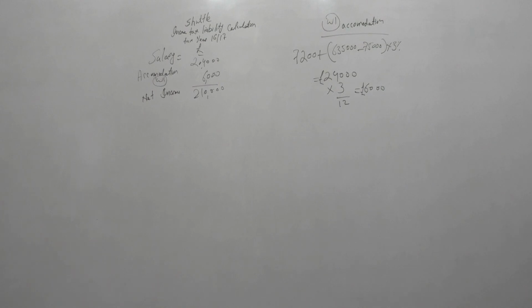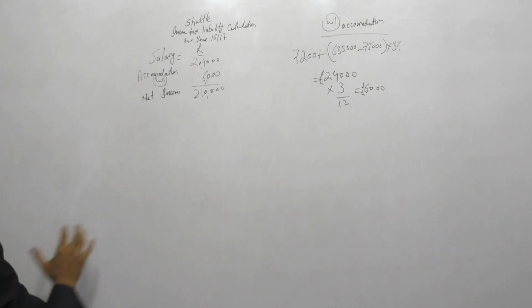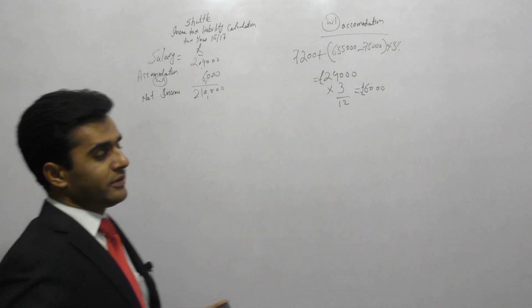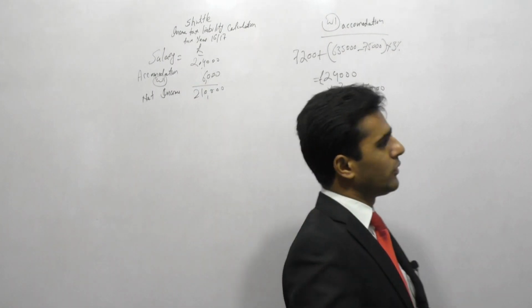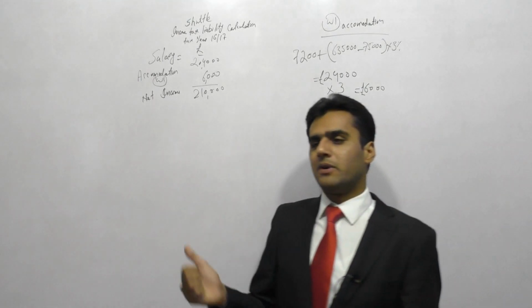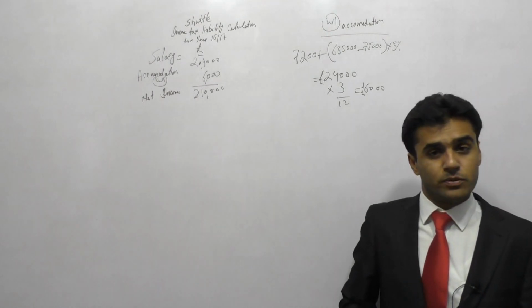All right. So what we need to do now is figure out whether he will be eligible for full personal allowance or not. In order to see that, we need to calculate the adjusted net income. Why we calculate the adjusted net income is because we need to see whether the person will be eligible for full personal allowance or the reduced personal allowance.